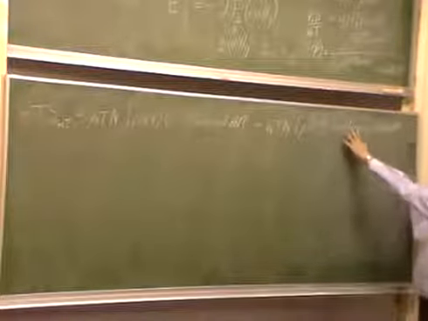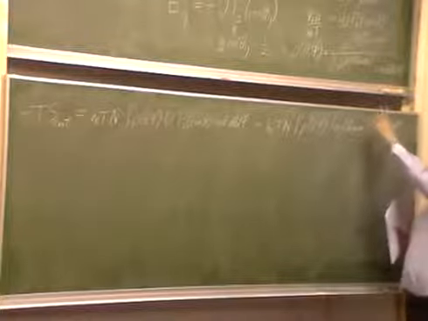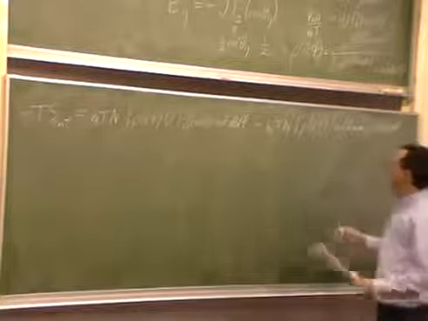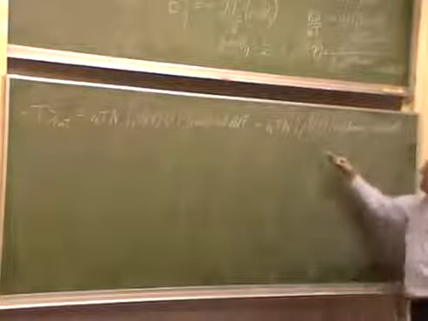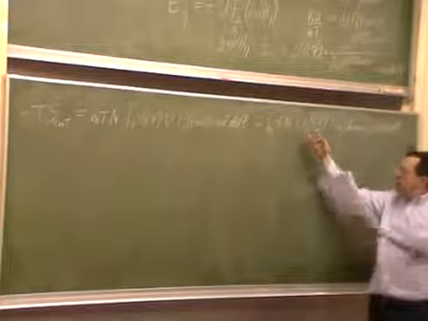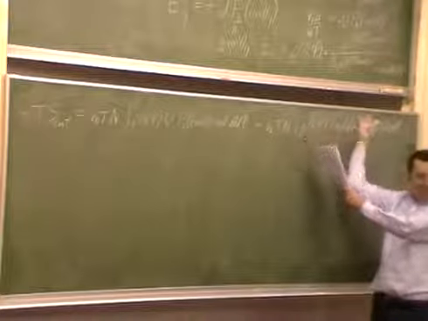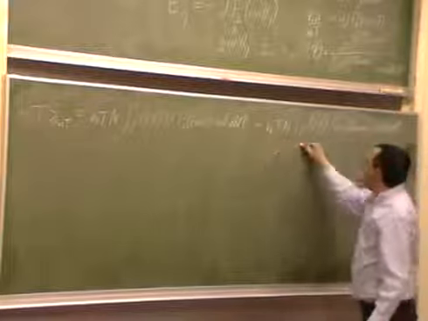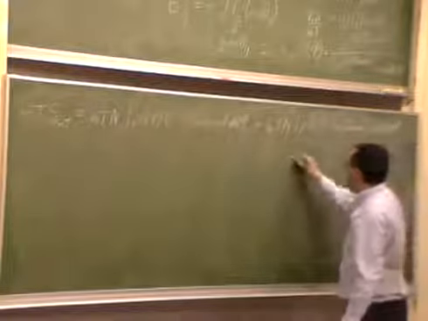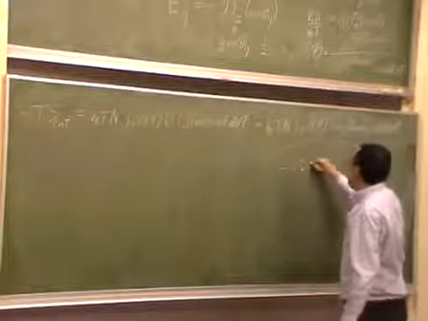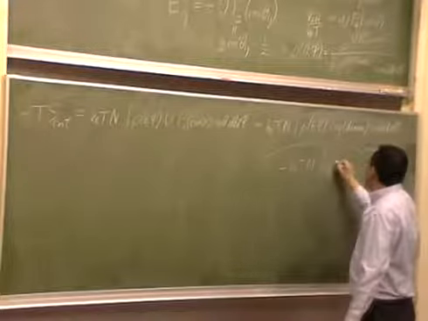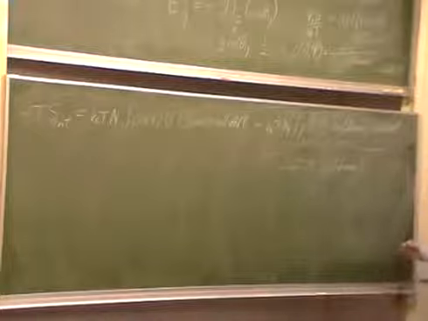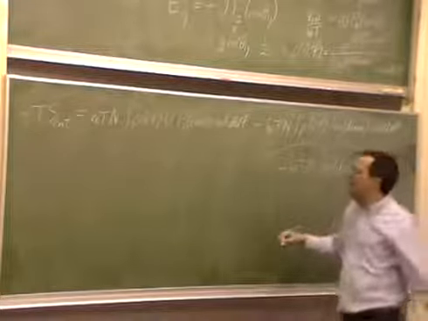Well, the log of the denominator is just some constant that factors out of the integral, and then I just have an integral of the probability distribution function. So it just integrates to 1, right? So this last term is minus kTN log of the denominator. And that's all.